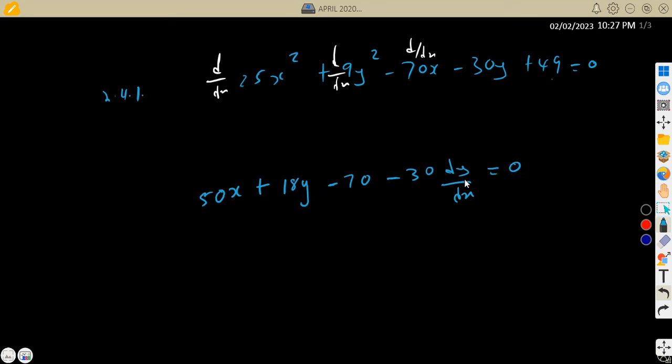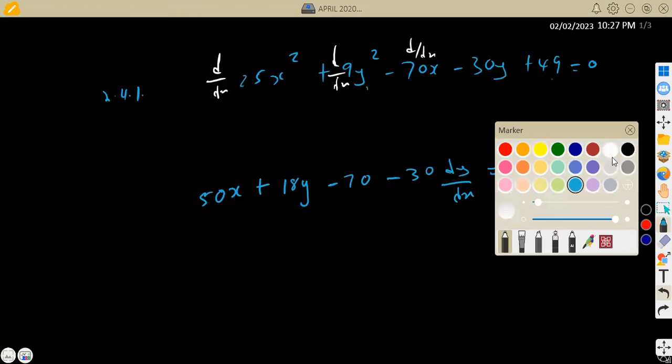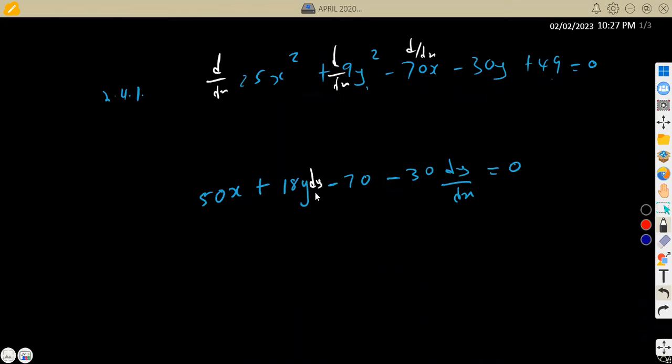So from this information, is there any part that we can collect the terms together with the dy/dx? So this was 18y, guys. Take note, this is y, so it's supposed to be dy/dx. I hope someone saw that here. We do not have a dy/dx. So I want you to combine these together. There's dy/dx here, there's dy/dx there.